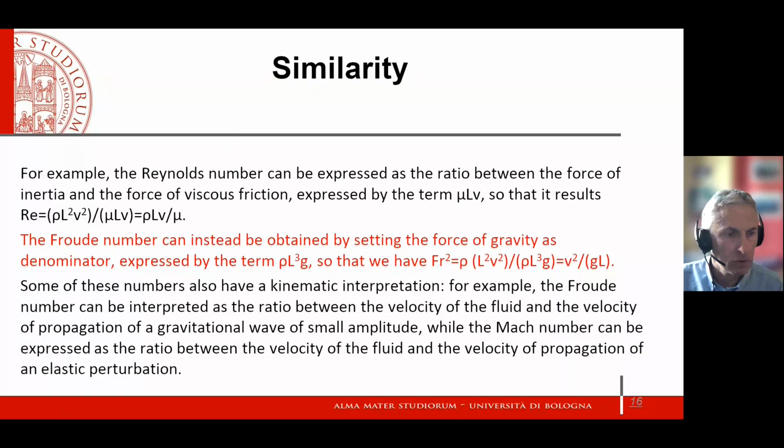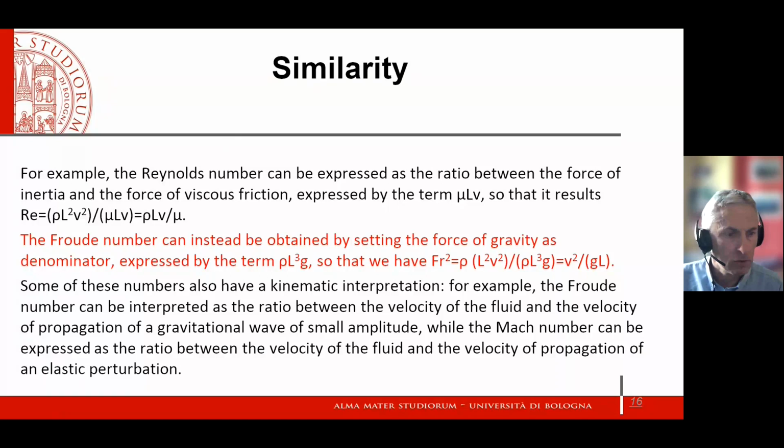Indeed, the square root of gL can be proved to be the velocity of small perturbations in the body of the fluid.